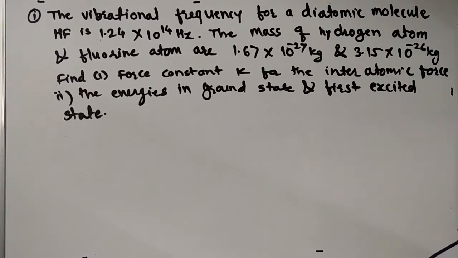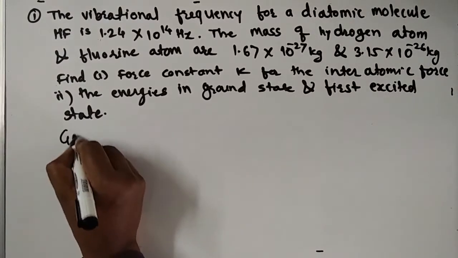The mass of hydrogen atom and fluorine atom are 1.67 into 10 raised to minus 27 kilogram and 3.15 into 10 raised to minus 26 kilogram. Find, question 1, force constant K for the interatomic force. Question 2, the energies in ground state and first excited state.